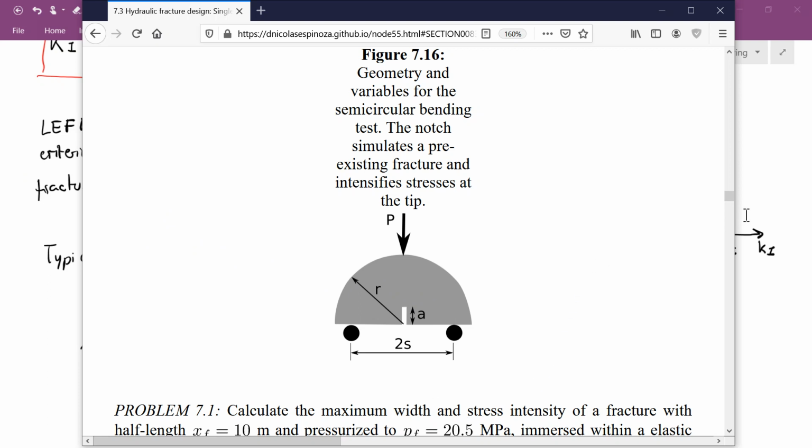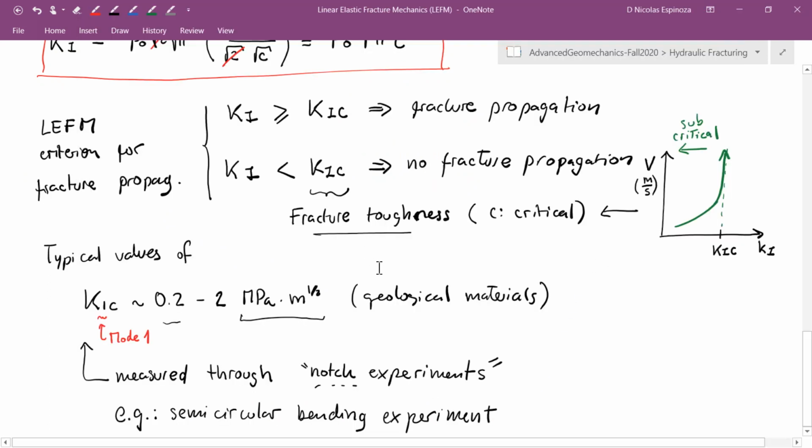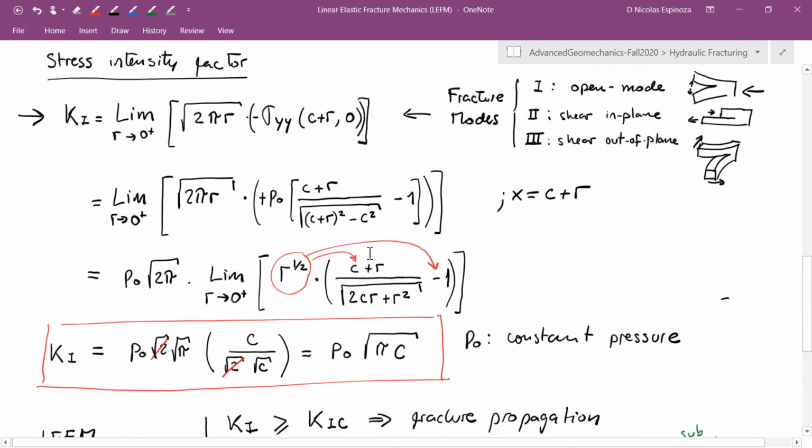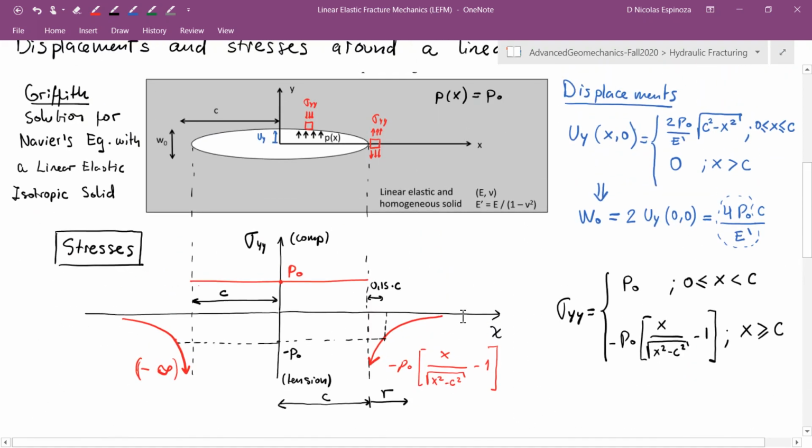So with this discussion, we see that thanks to linear elastic fracture mechanics, we do have a fracture propagation criterion that does not rely on tensile strength, but rather relies on fracture toughness. And very importantly, now we can also calculate the width of the fracture as a function of pressure.